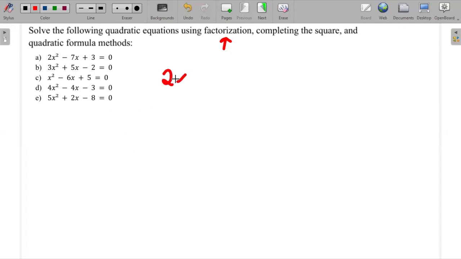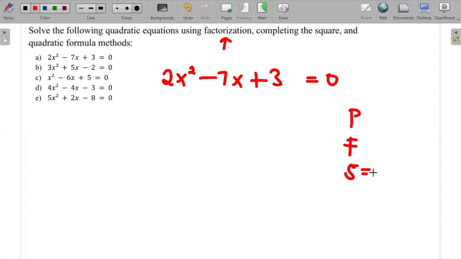That is 2x squared minus 7x plus 3 equals 0. If we're using the factorization method, then we have to find the product, the factors, and the sum. For the product, you multiply the coefficient of x squared with the constant.